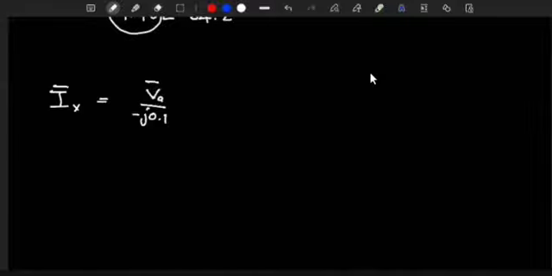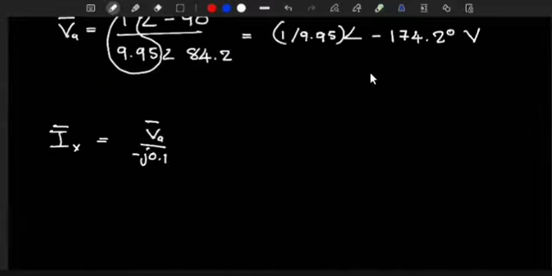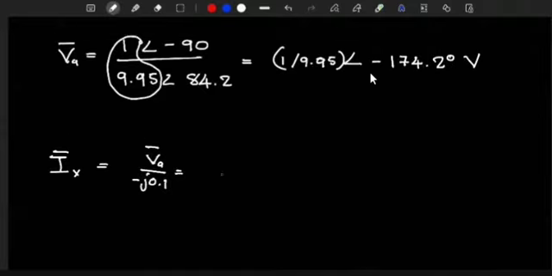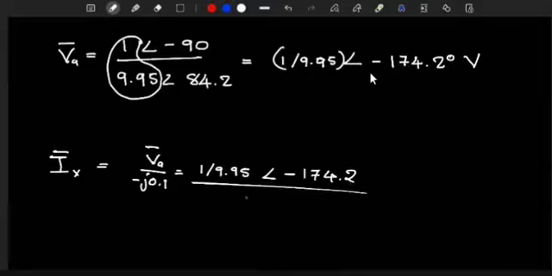So how is it going to be? We already have VA. VA is going to be, we're going to keep the minus down. We're going to have 1 divided by 9.95 phase minus 174.2. So we now want to express j0.1 in polar as well.